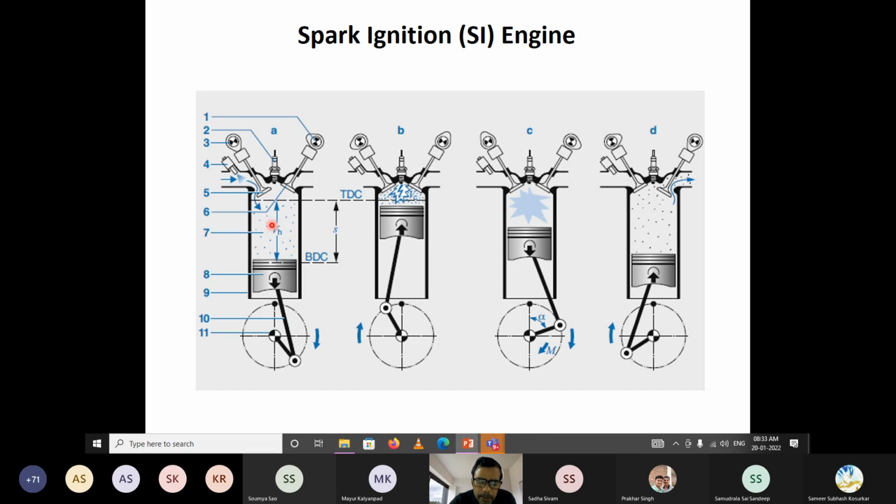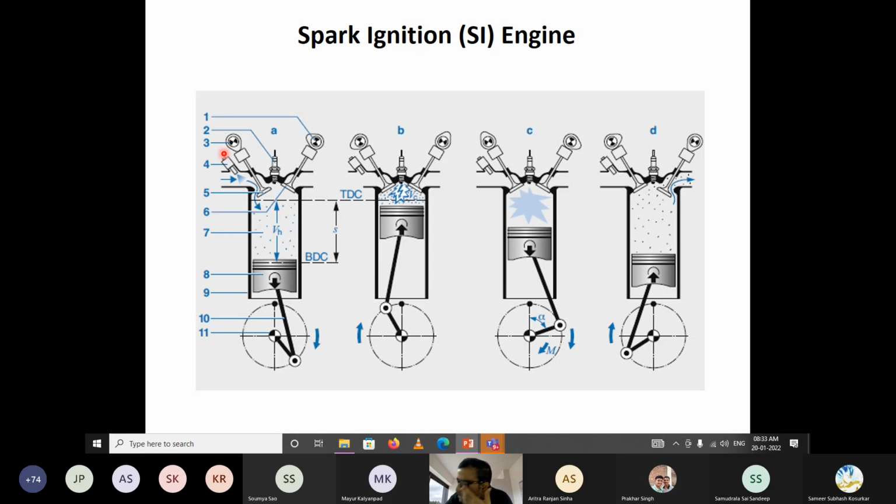Please find out which company or model has GDI fuel technology or which one has MPFI fuel injection technology. Most of the passenger cars have MPFI.